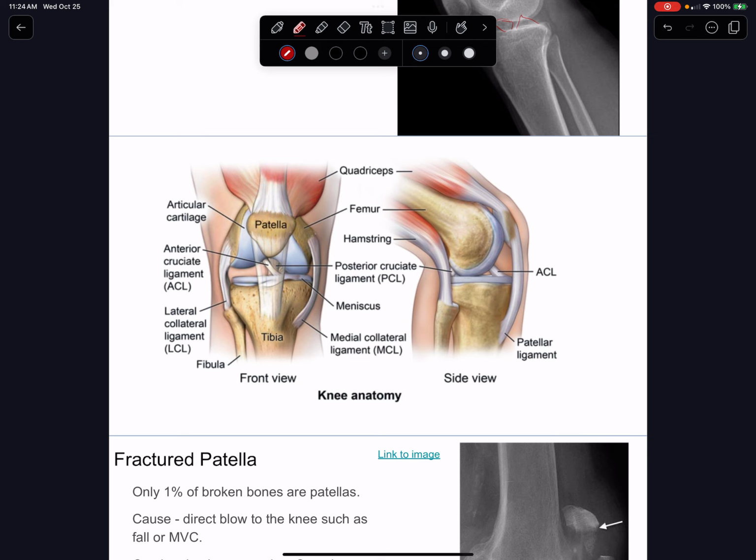So we have a patellar ligament that goes all the way around here and attaches to the quadricep. Okay, so that is a ligament because from here to here, it is linking bone to bone.